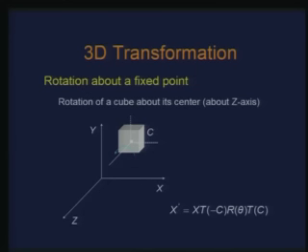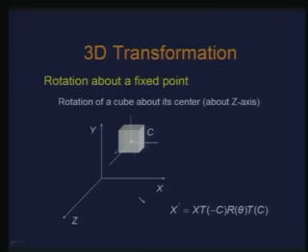So, now let us say I want the rotation to happen about a fixed point which is not the origin. Let us say this point is the center of the object, this cuboid, and I have to perform rotation about the z axis. So, I am again considering the rotations to be about one of the coordinate axes x, y, z.